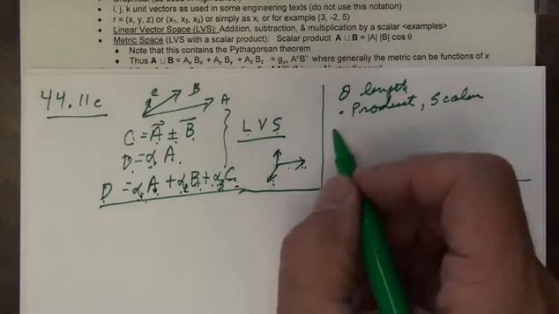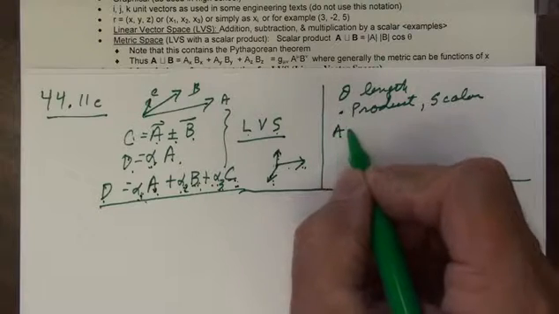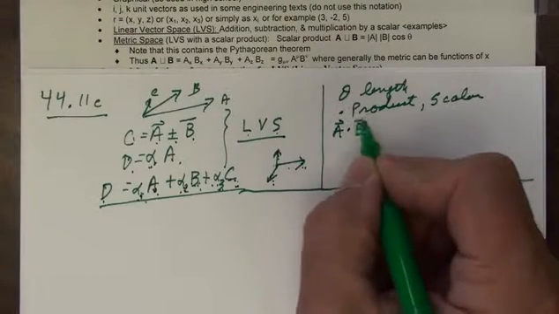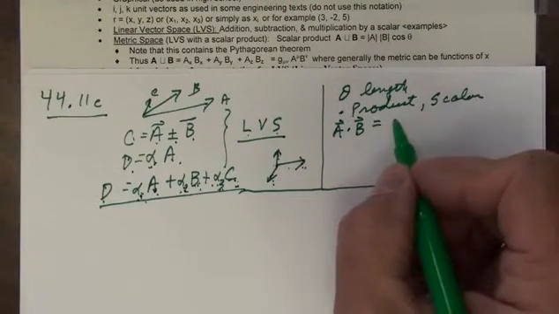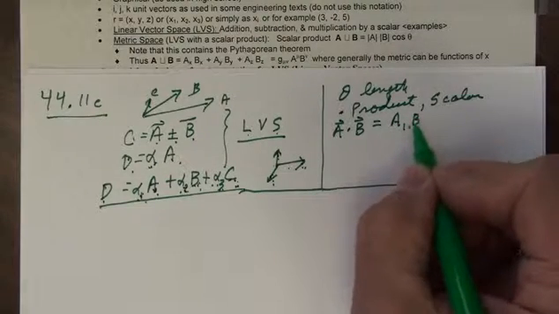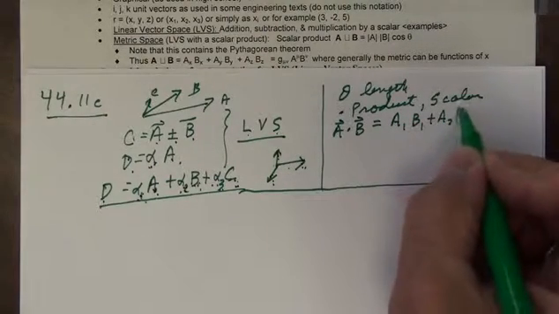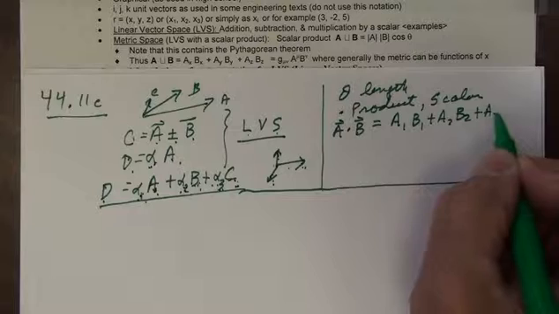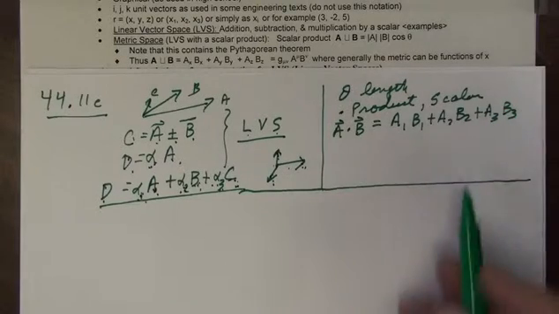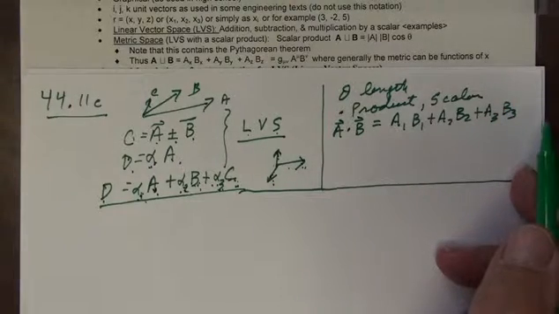And so I form a new kind of product, vector A dotted with vector B, and this is by definition A1 times B1 plus A2 times B2 plus A3 times B3, and I keep on going depending upon how many components there are in the space.